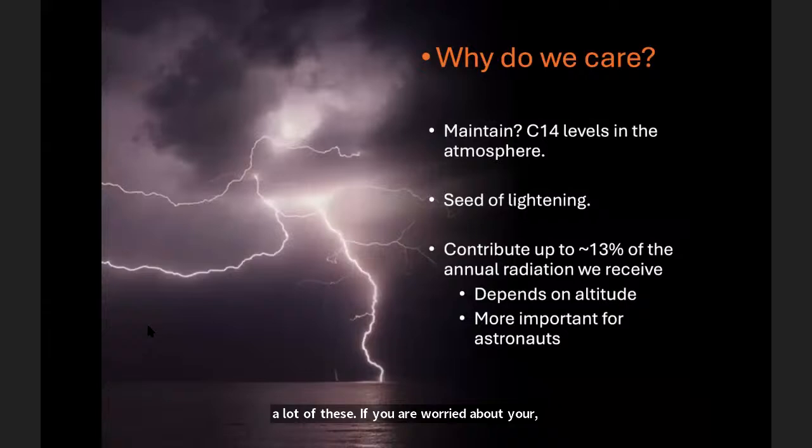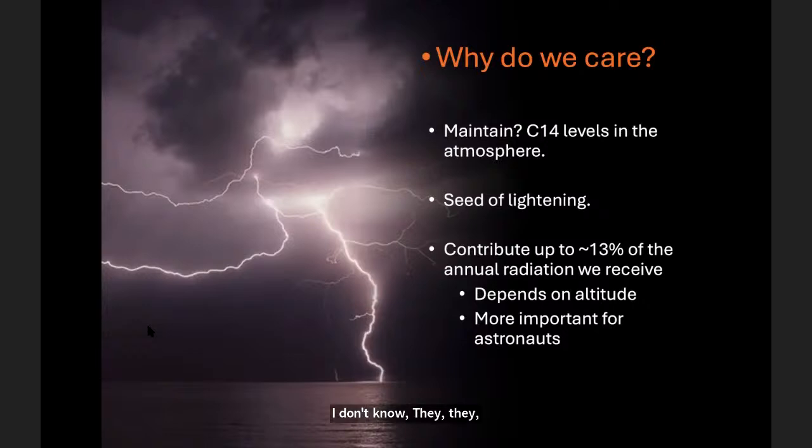But also, cosmic rays generate carbon-14, which helps us to get the dates of many things, many materials, right? That's how we get the age of materials. And cosmic rays are supposed to maintain the same level of carbon-14 in the atmosphere.